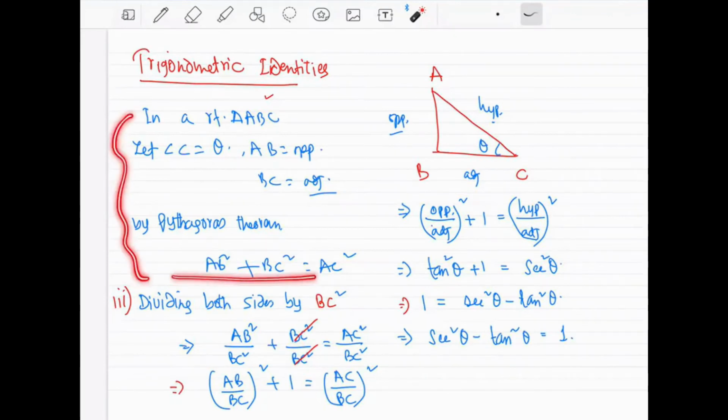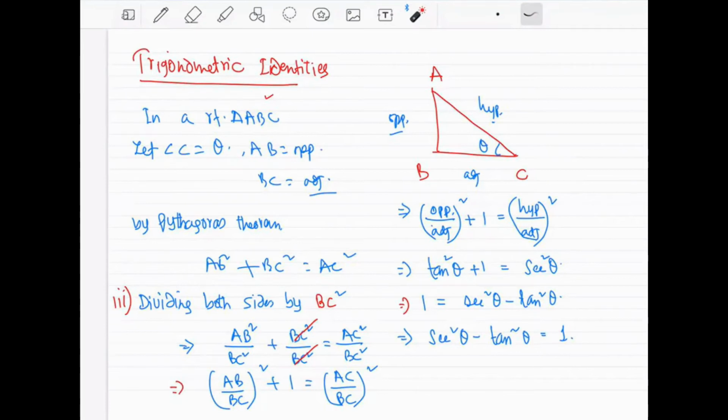I'm reminding you all, this part is done already yesterday. You have to copy from here, Roman number 3. Make it quick, don't take very long.